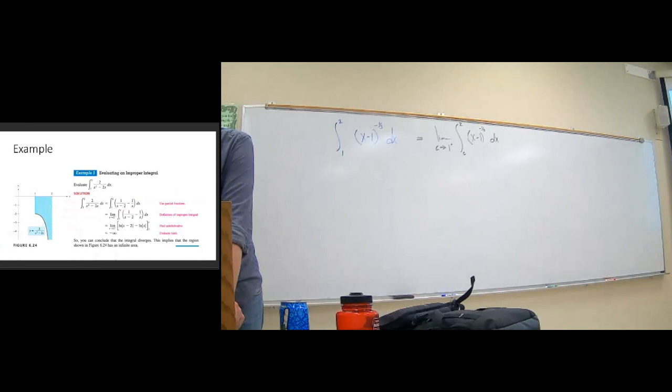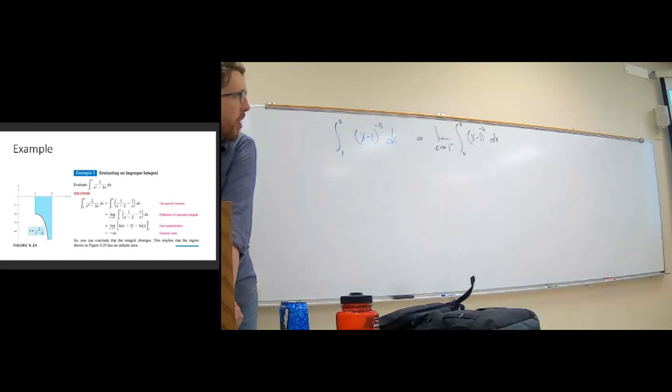Now, we could have a slightly different problem where, in this case, where's the discontinuity at? Well, it's going to be at our upper bound, right? Because x squared minus 2x is like x squared only when x is equal to 2.